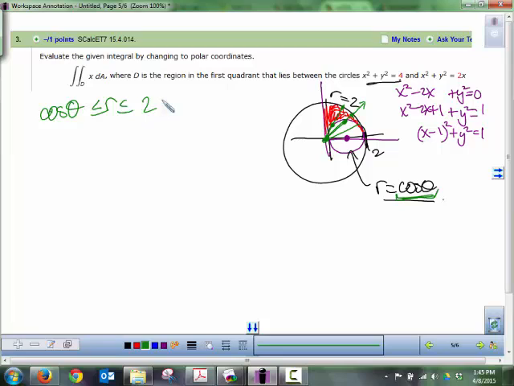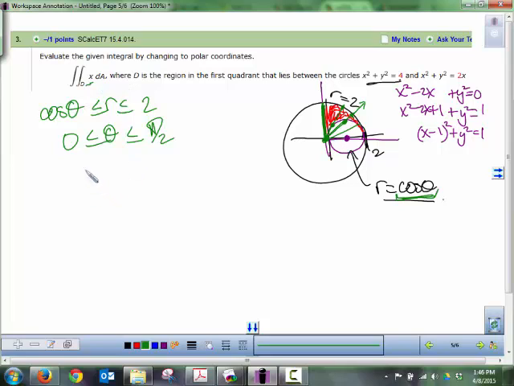So those will end up being my r limits. Is that cool? All right. Theta goes from where to where? Just goes from 0 to pi over 2. That's where it ends right here. Okay? So those are my limits.